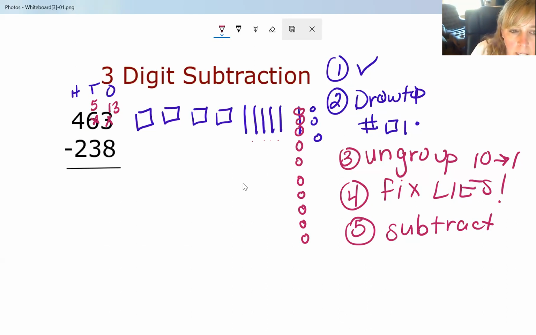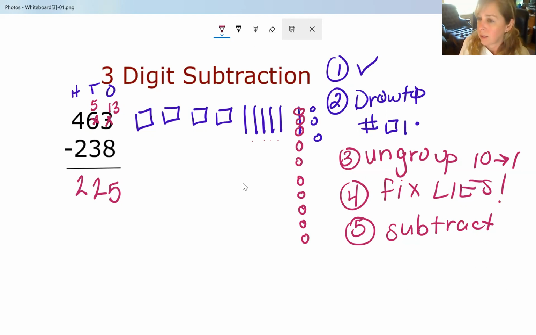Well, 10 minus 8 is 2, and then there's those 3 more, which give us 5. We have 5 minus 3, 2, and then we have 4 minus 2, 2. And there is how to do double-digit subtraction when you don't have enough on top to borrow.